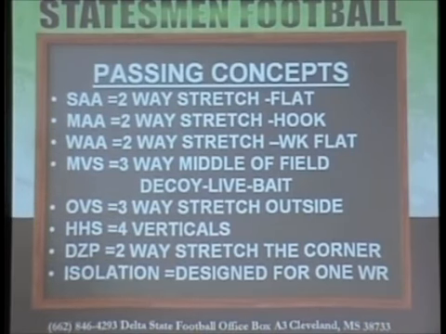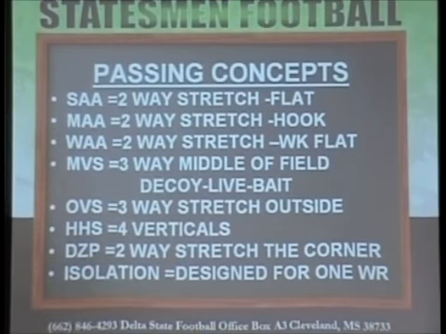So when we break things down, we say the protection. We're going to classify the drop, five-step drop. We will classify protection. The biggest thing on protection, and we can talk more about this if we get a chance, is where the center is going. Which side is the center blocking? Is he blocking to the Z or to the X? So we'll say CZ or CX, so we know.